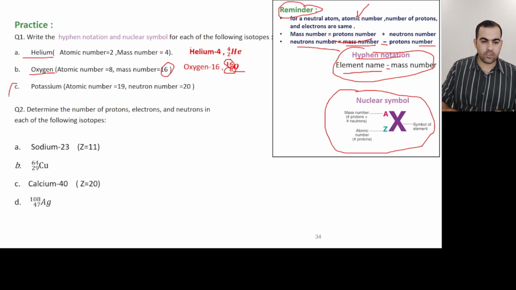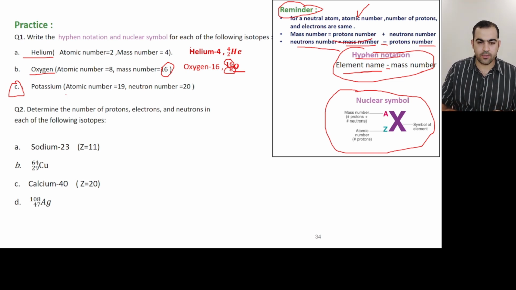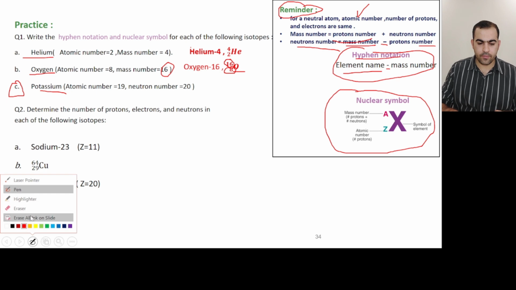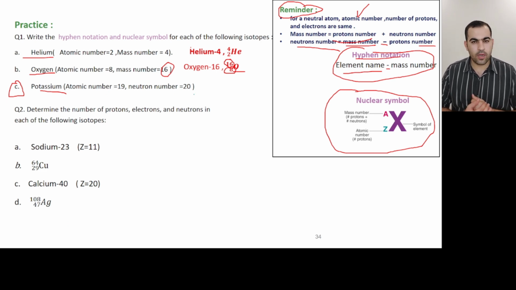Question C is a little bit different. Write the hyphen notation for potassium, atomic number 19, neutrons number 20. For hyphen notation, I know the atomic number and the neutrons number. What about the mass number? How can I find it?